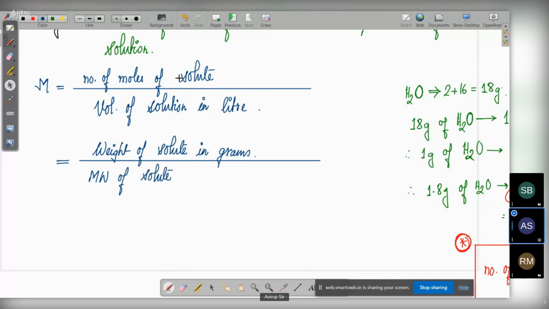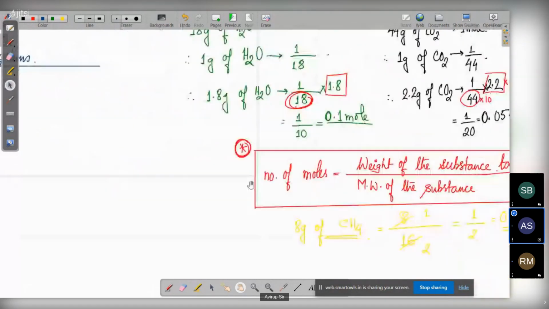So instead of writing number of moles, we are writing weight of solute divided by molecular weight of solute, meaning we are simply substituting the formula we have just calculated for number of moles.